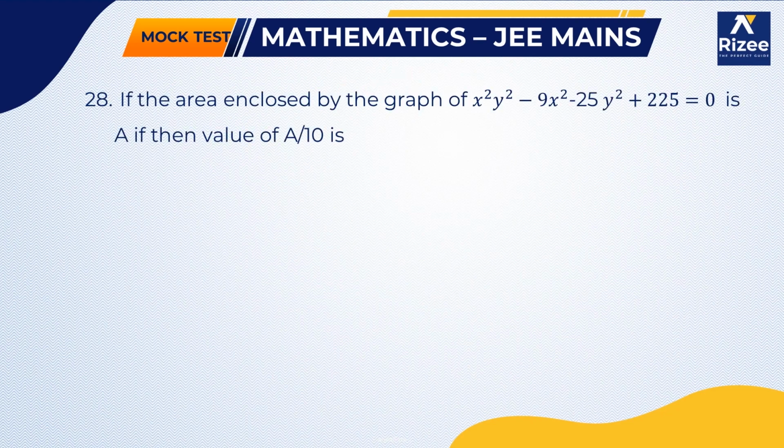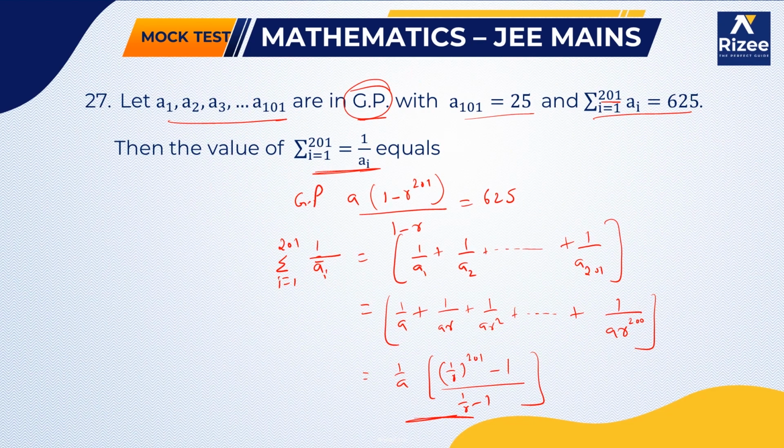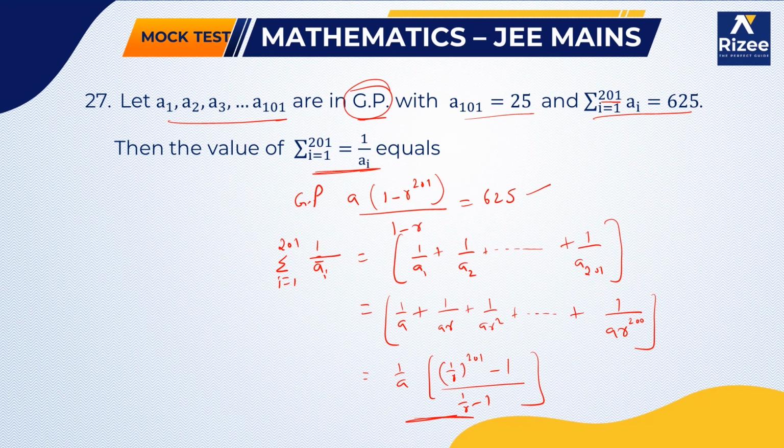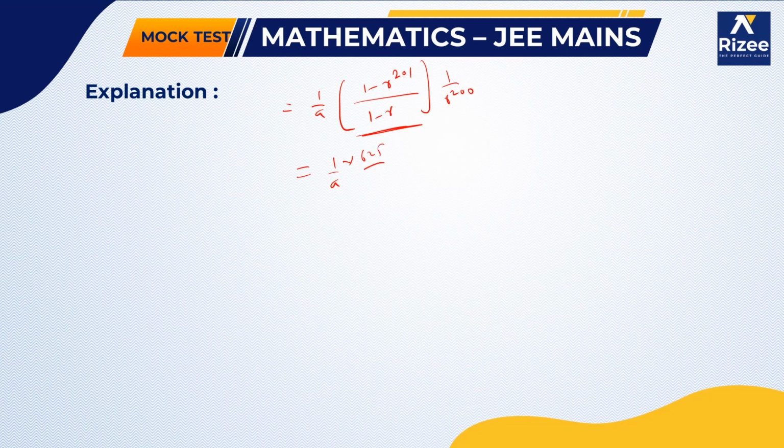By this we can write 625 by a square r power 200, which is 625 by (a r power 100) whole square.